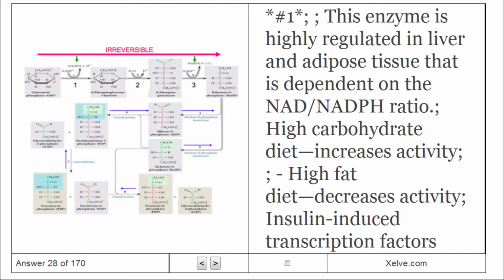This enzyme is highly regulated in liver and adipose tissue and is dependent on the NADP/NADPH ratio. High carbohydrate diet increases activity, high fat diet decreases activity. Insulin-induced transcription factors.